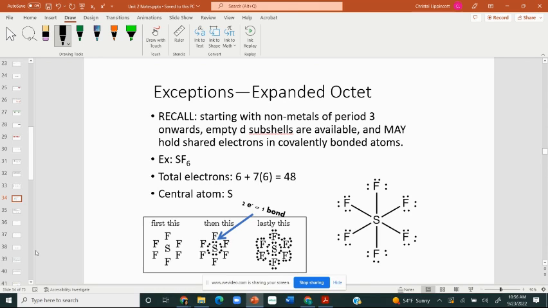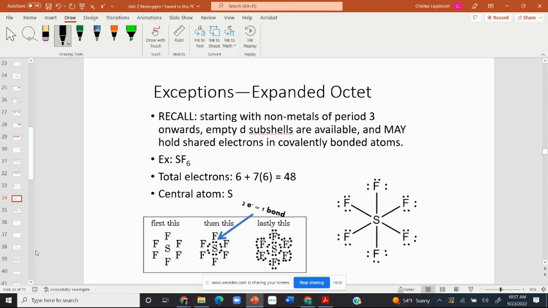So for example here, sulfur. If we had sulfur, sulfur is going to be in the middle because it's obviously less electronegative than fluorine. Fluorine's the most electronegative. So we would put our bonds around here. So we would have our 6 bonds. Then we would count up our electrons.